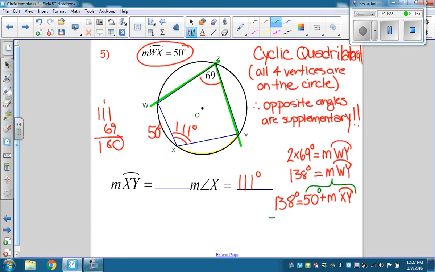So I'm going to subtract the 50 degrees here, and I get 88 degrees for the measure of arc XY.